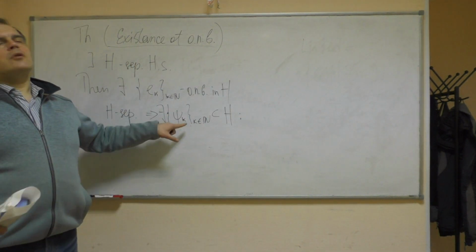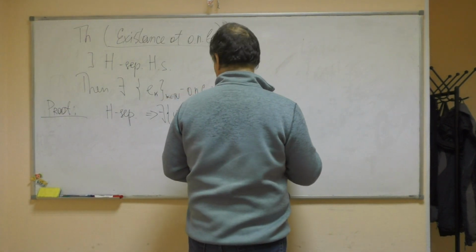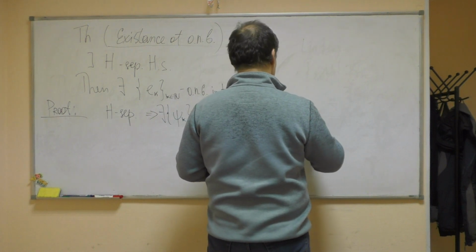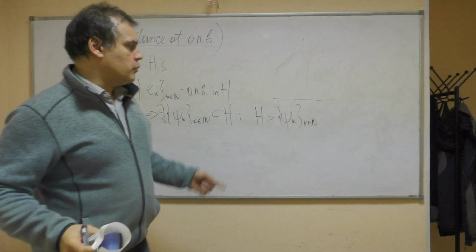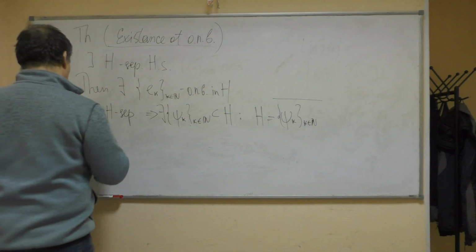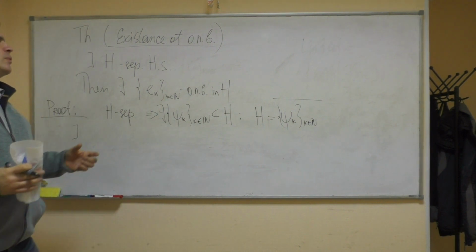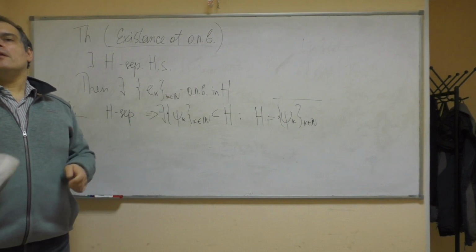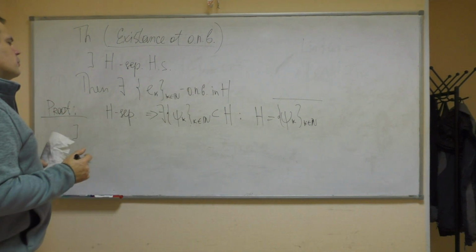So there is a countable set such that H is equal to the closure of this set. It means that psi k is everywhere dense. Next we will perform several operations with this family and construct an orthonormal basis and prove that it is indeed an orthonormal basis.